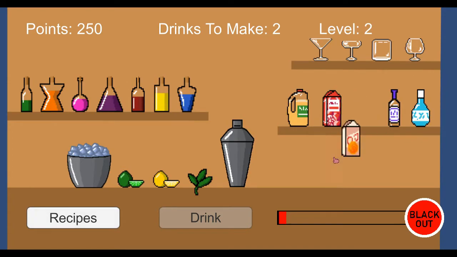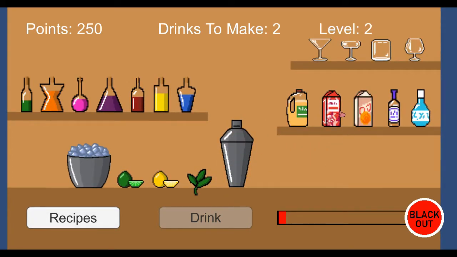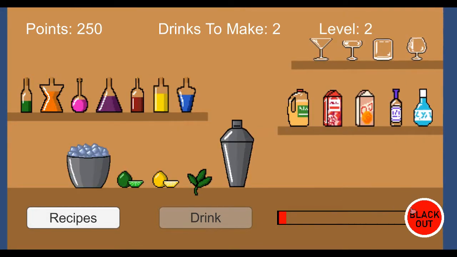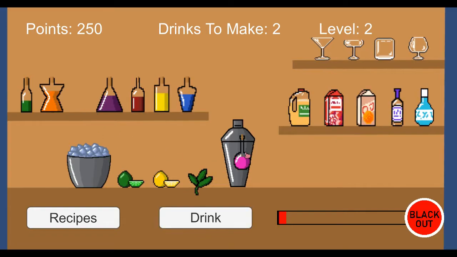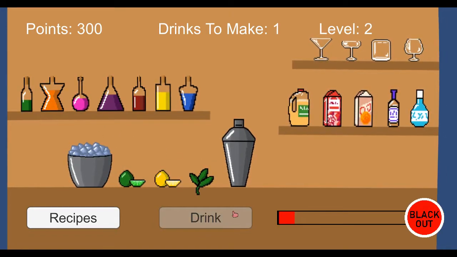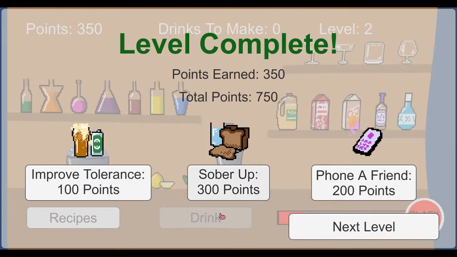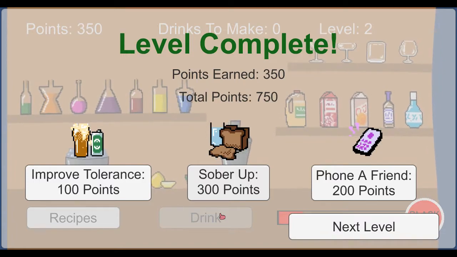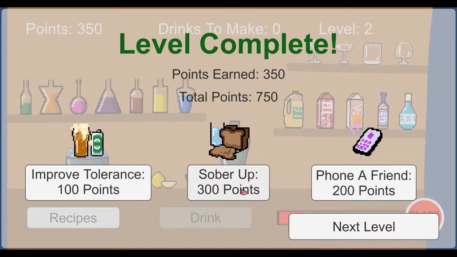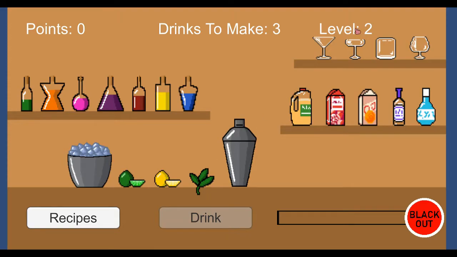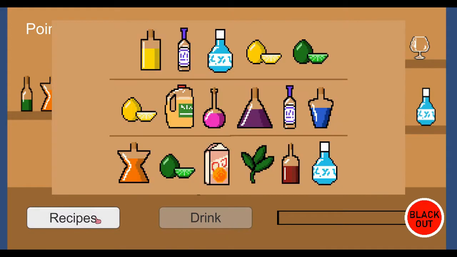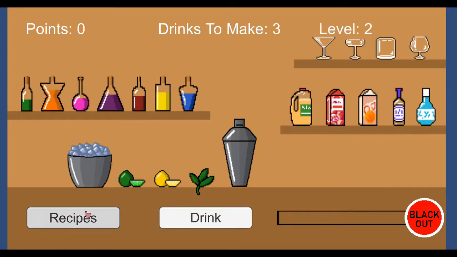And so we've got the blackout meter of how drunk you currently are. Yep, that's true. We've got our current amount of points. How much you have to do to progress to the next level, how many points you have. You've got the list of recipes and all of the ingredients are very distinct. It's really obvious what they are. Yes. So other than the indicator of what's in the drink and how badly this drink is going to affect you, pretty much everything else is reasonably clear.